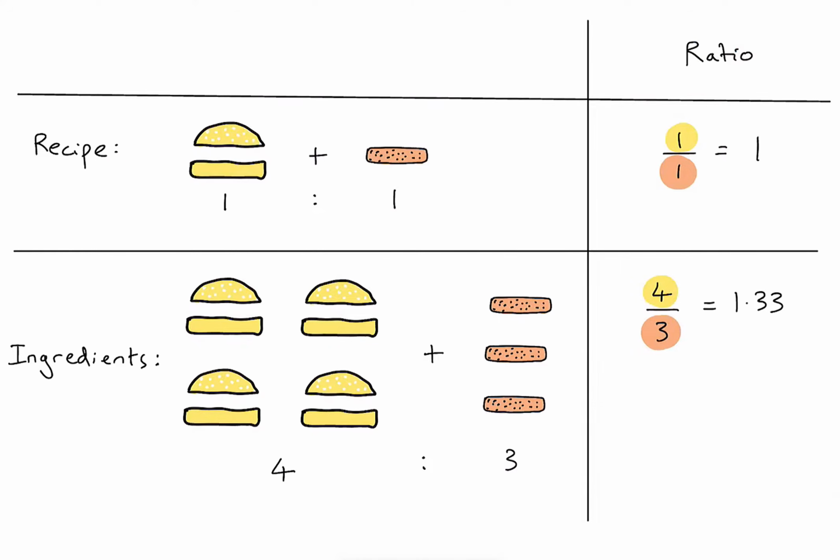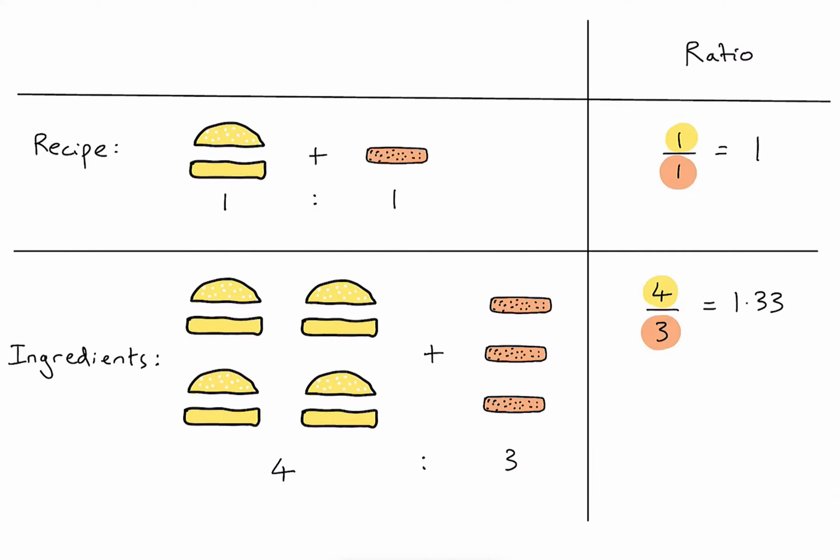Now the key point here, because that ratio is larger than the ratio in my recipe, meaning 1.33 is a greater number than 1, it must mean that the top part of my ratio, in yellow, is too big, so there were too many buns, and the bottom part, the denominator, which was my 3 patties, is too small, and that's why my ratio ended up being larger.